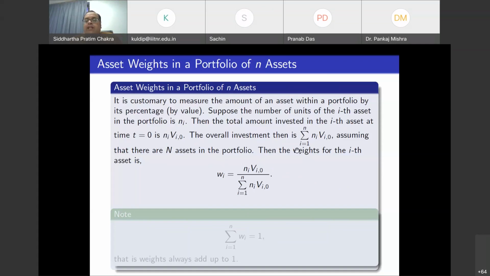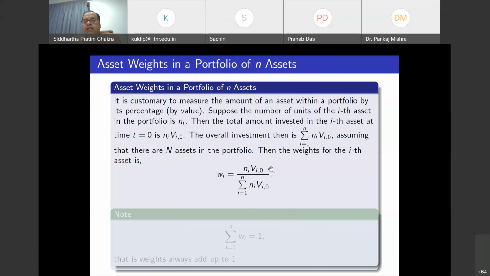So if I sum all of this up over all n assets, that is going to be the overall investment in the whole portfolio. Then how do I define my weight? The weight of the ith asset will be given by the amount of money invested in the ith asset, which is Vi0 times Ni, divided by the total amount of money invested in all the assets.